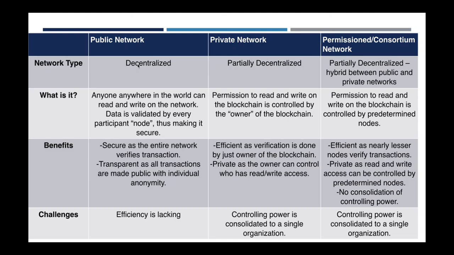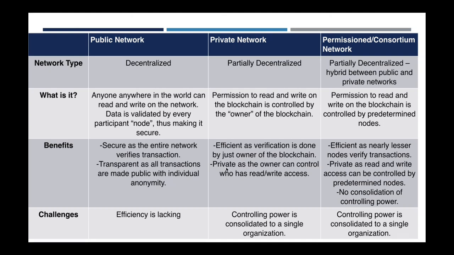What are the benefits of a public network? A public network is secure as the entire network verifies the transaction, meaning all peers verify the transaction. It is transparent as all the transactions are made public with individual anonymity. In the case of a private network, it is efficient as verification is done just by the owner of the blockchain.